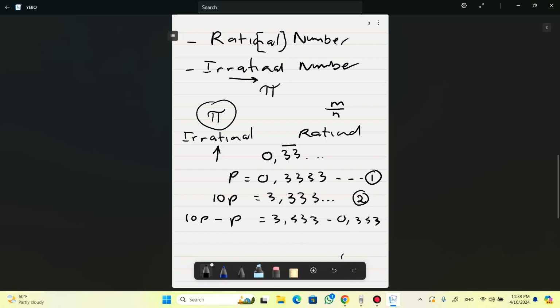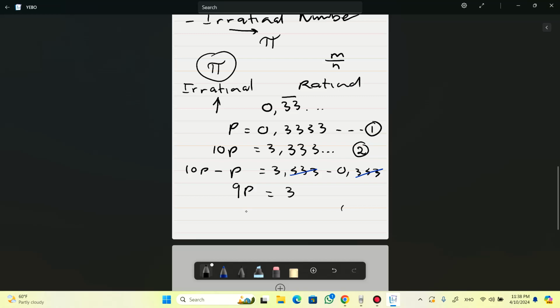So we notice that the 0,33 will cancel in that case, and here I will have 9p, which is 3 minus 0, that's 3, right? Then if I divide, I'll get p equal to 3/9, which is the same as 1/3.